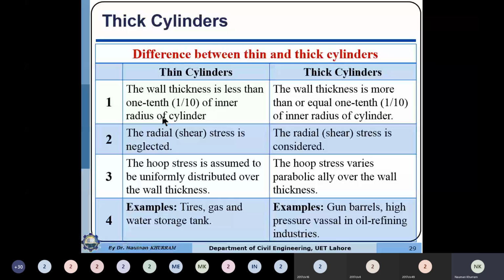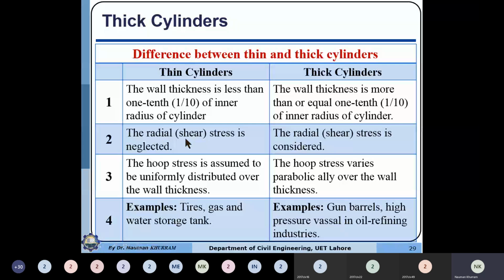But in case of a thick cylinder, the wall thickness is more than 1 by 10th of the internal radius, or 1 by 20th of the internal diameter. In thin cylinders the radial stresses are neglected. Actually, radial stresses are also the shear stresses. They can shear or they are compressive. So we know that they can be ignored.